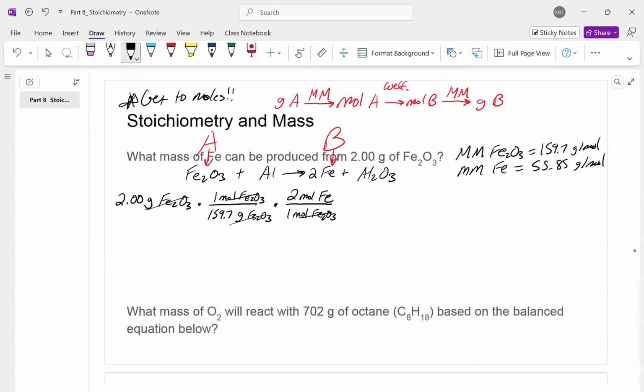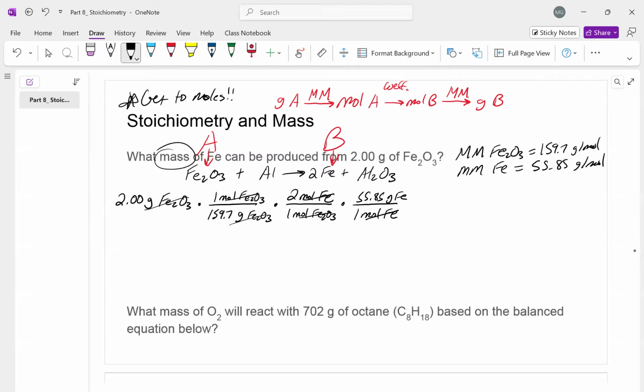I'm almost there because I'm not going to stop at moles. The question asks what mass. So I'm going to use the molar mass of iron. Iron has a molar mass of 55.85 grams per 1 mole.